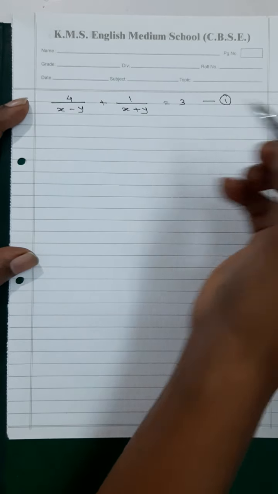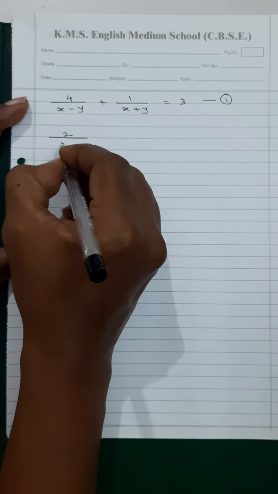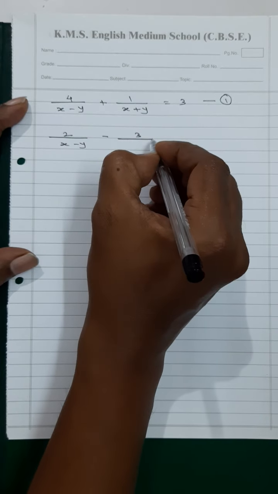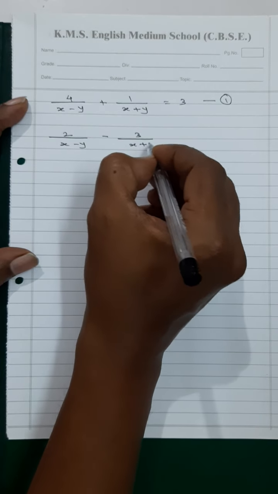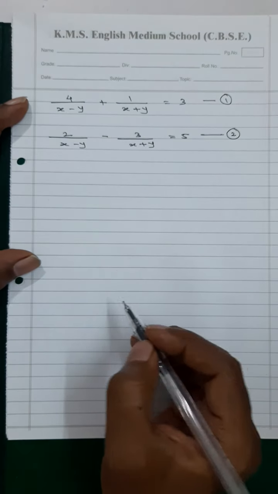This is your first equation that is given to you. And then 2 upon x minus y minus 3 upon x plus y is equal to 5. This is your second equation.